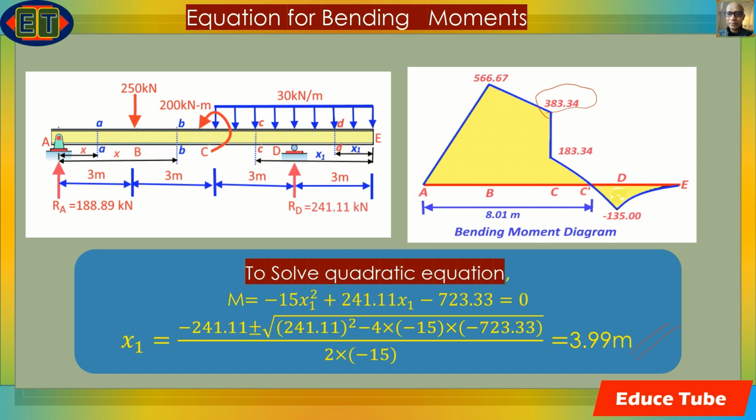Then the last two equations for the right hand of the beam: we already saw that M decreases from 0 at E to minus 135 kilonewton meter at D, and it then increases to 183.34 kilonewton meter at an infinitesimal distance to the right of C.